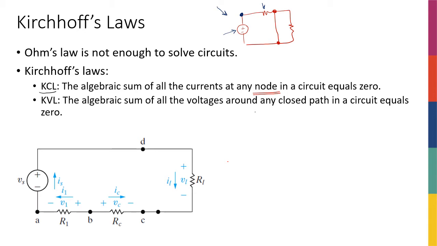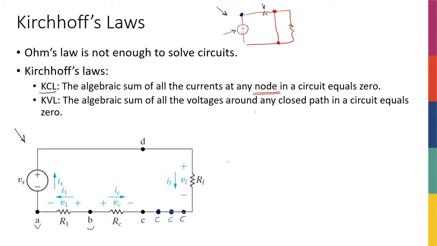So, for example, if I look at this circuit, you can see that I have node A, node B, because node A is connecting R1 and Vs, node B is connecting R1 and RC, node C is connecting RC and RL, and then I can put a lot of dots here, but all of these are really node C. They're not new nodes, right?